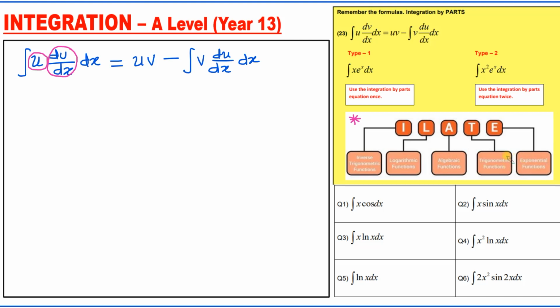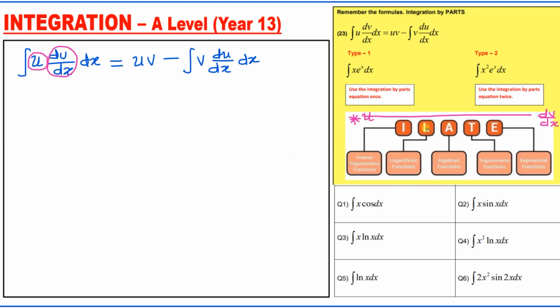So you watch out what the question is and which pattern it falls into, and you need to assign. If I draw a line on my right hand side, the function there is dv over dx, and this side is going to be u.